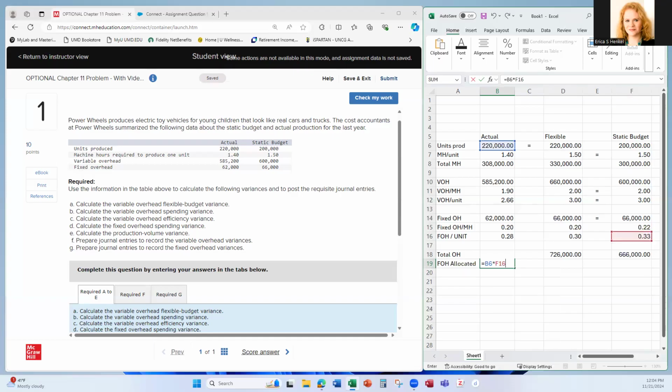So taking the actual number of units times the budgeted rate that we came up with, right? So ultimately, this is our total fixed overhead that we're charging out per unit here. Just want to call that out for future purposes. When we're allocating it, that's the rate that we're doing, okay? I'm just going to highlight that because that's important here.